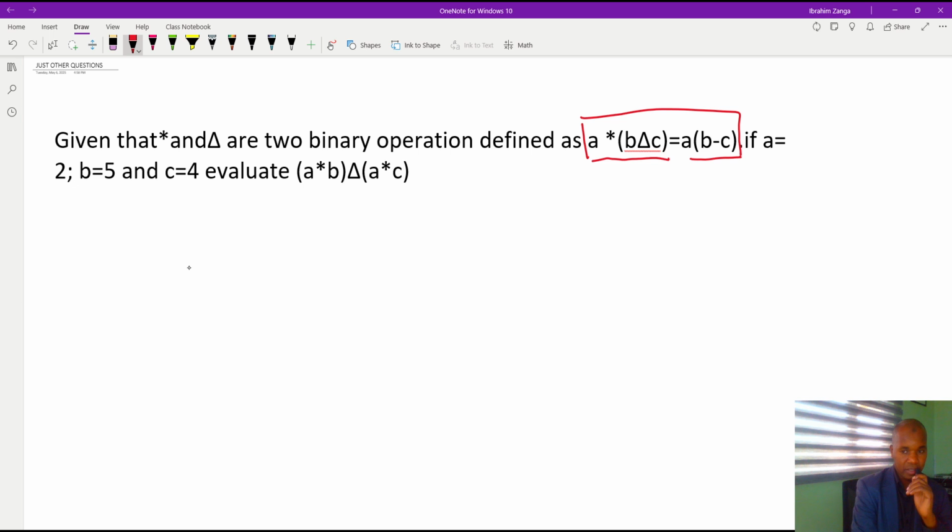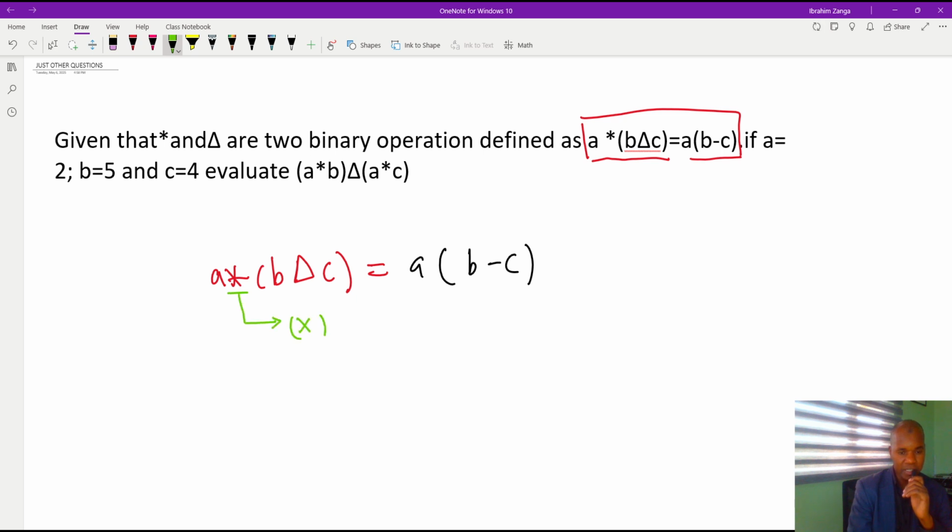So from here, from the definition given, we were given A star B delta C. This is equal to A multiply by B minus C. So in simple terms, the star operation corresponds to the multiplication sign, and the delta operation corresponds to the subtraction sign.